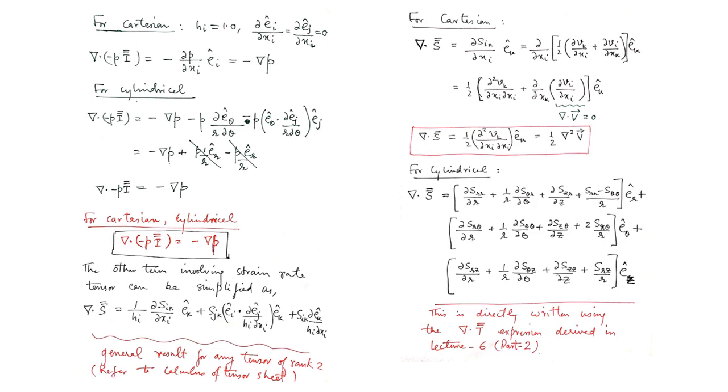Now notice again there are some repeating indices involved, that is i and k, and finally we use the Cartesian component relations for the strain rate tensor components Sik. So Sik is equal to half of del Vk del Xi plus del Vi del Xk.